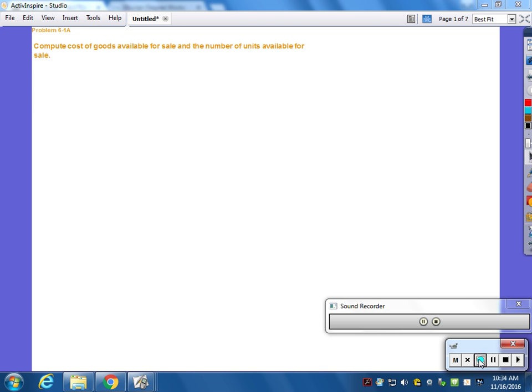So let's start first with how do we compute cost of goods available for sale? Shouldn't we take everything that has been purchased and calculate that? Because that would signify that that's available, right?